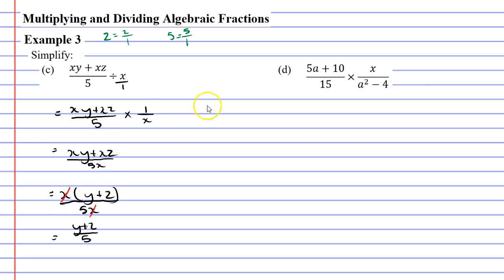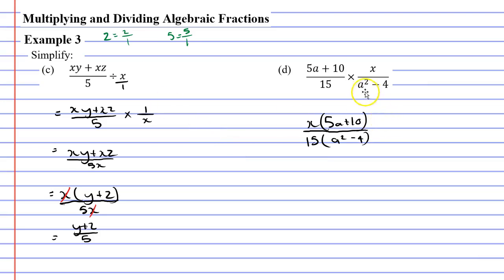Alright, we'll now move on to question D. We'll start by multiplying the numerators here. We're multiplying 5a plus 10 by x. So I'm going to put 5a plus 10 in brackets, because you need to remember that you're multiplying this whole expression by x. Now let's do the denominator. This time I'm multiplying 15 by a squared minus 4.